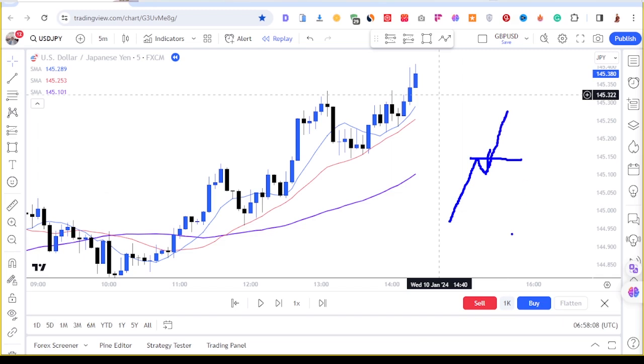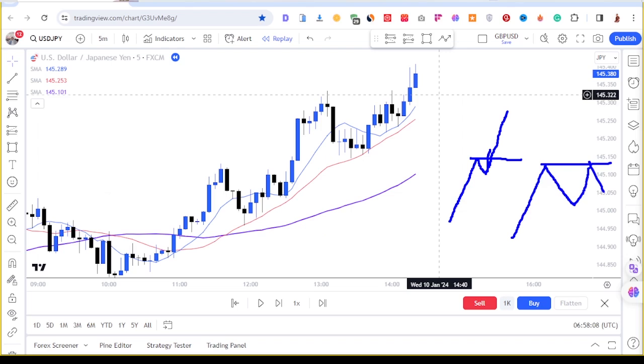But if the market makes a medium pullback like this, what I am looking for is that if it goes to this zone right here, it might get rejected and I can get a double top here. This is just an example.